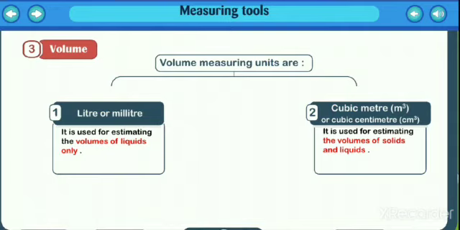So liter and milliliter are suitable for the volume of liquids only, but cubic meter and cubic centimeter for the volume of liquids and solids. Note: 1 liter equals 1000 milliliters equals 1000 cubic centimeters.